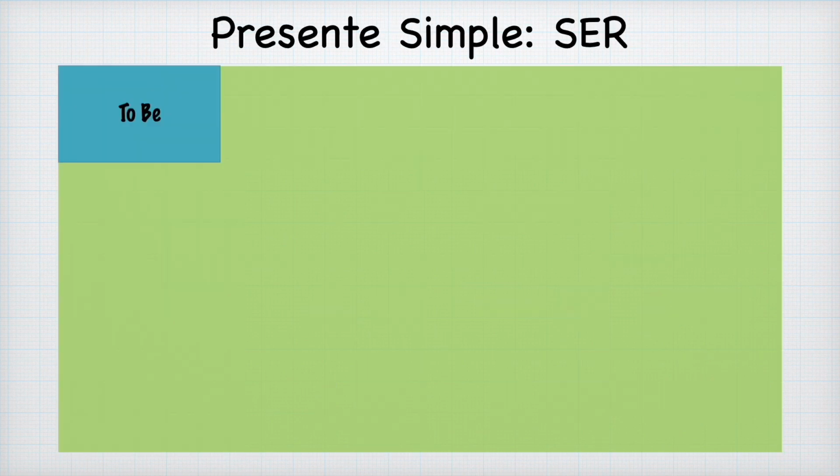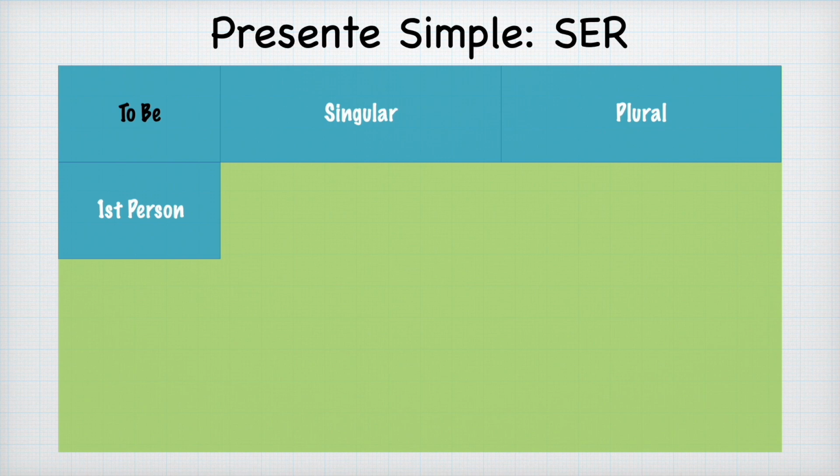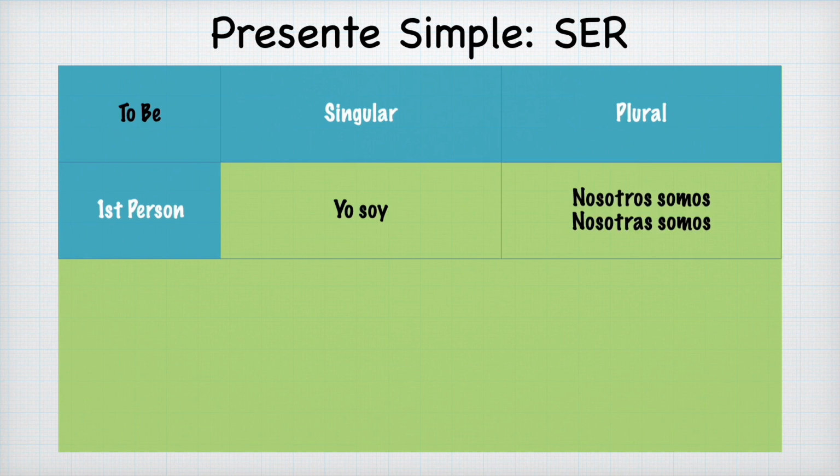To be has two meanings in Spanish. It's two different verbs, ser and estar. Let's take a look at ser. Yo soy, I am. Nosotros somos, or nosotras somos.